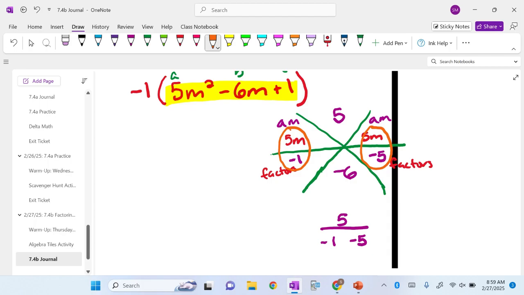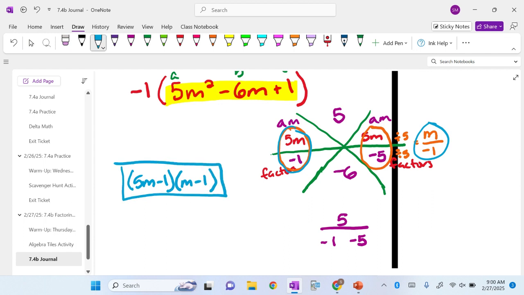How can I simplify that? What do they both have in common? 5. So I can divide the top and the bottom by 5. So that would give me m over -1. And then guess what? These are your two factors. So that would be 5m minus 1 times m minus 1.